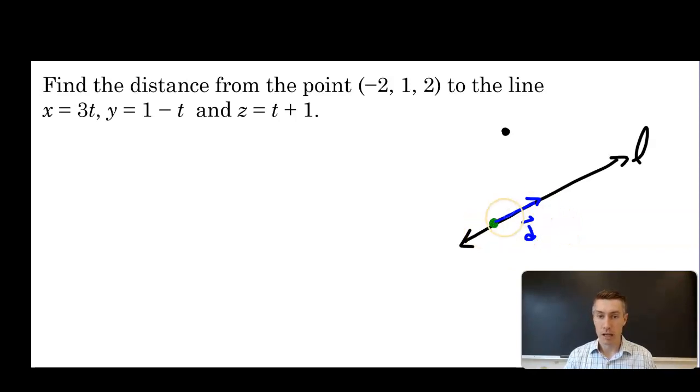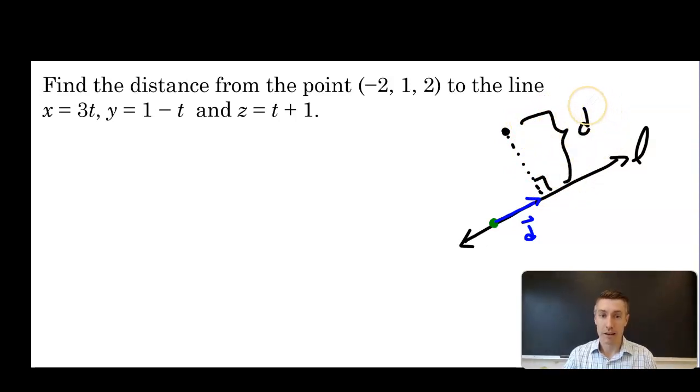Now, unfortunately, looking at all of this combined together, I don't see a particularly easy way to go and find the distance, which in this case, if we drop a perpendicular down, right, this is the distance.